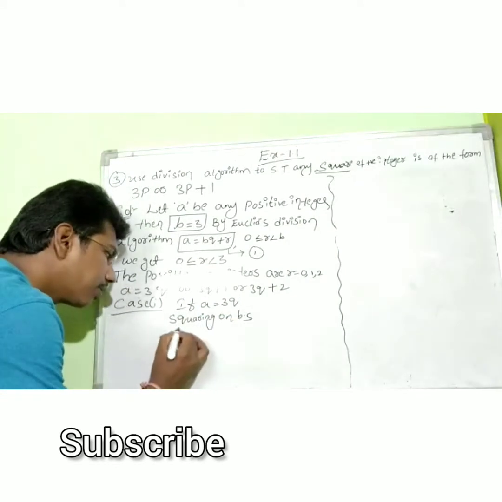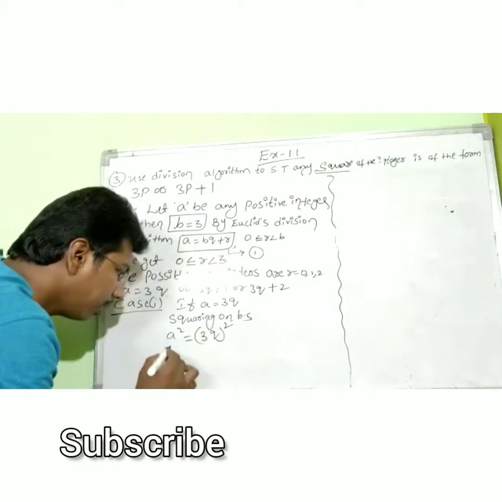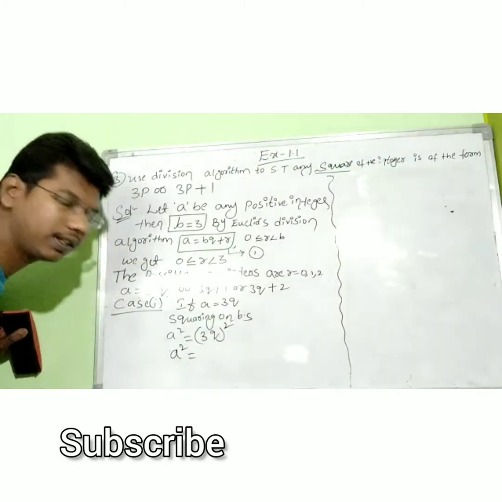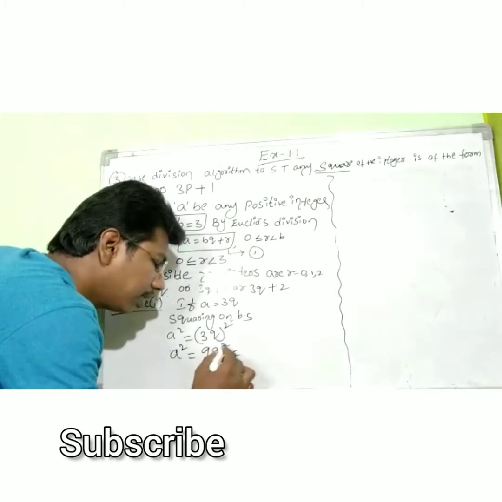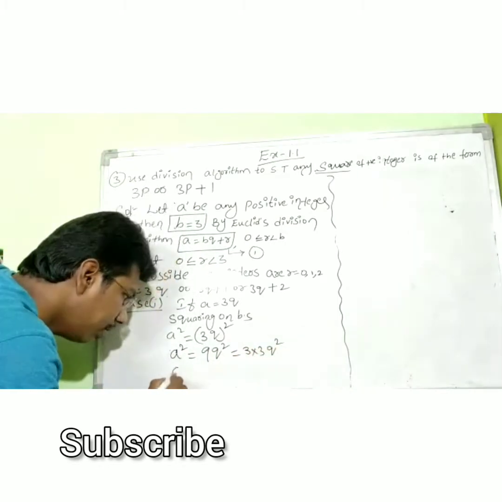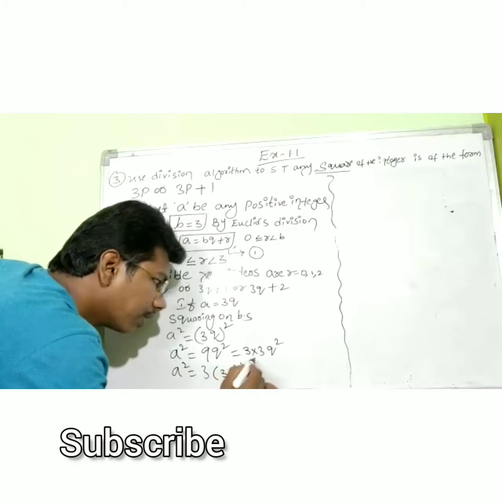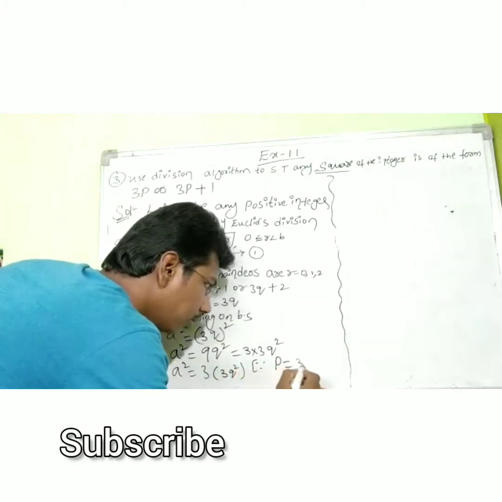Therefore LHS a square is equal to 3q whole square. Okay, now a square is equal to 3q square. 3 twice, 3 threes are 9q square. Now split 9 as 3 threes, 9q square. Now take 3 as common. Your left number is 1, 3q square. Therefore take p is equal to 3q square.